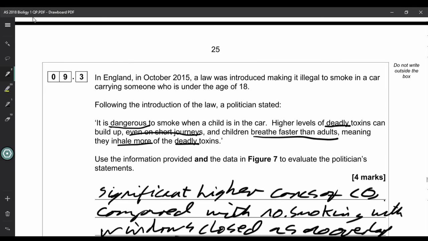Now, there's no evidence in what we've been given where the 5 parts per million is actually a deadly level. So we can't say for sure that what he's saying here is actually true.